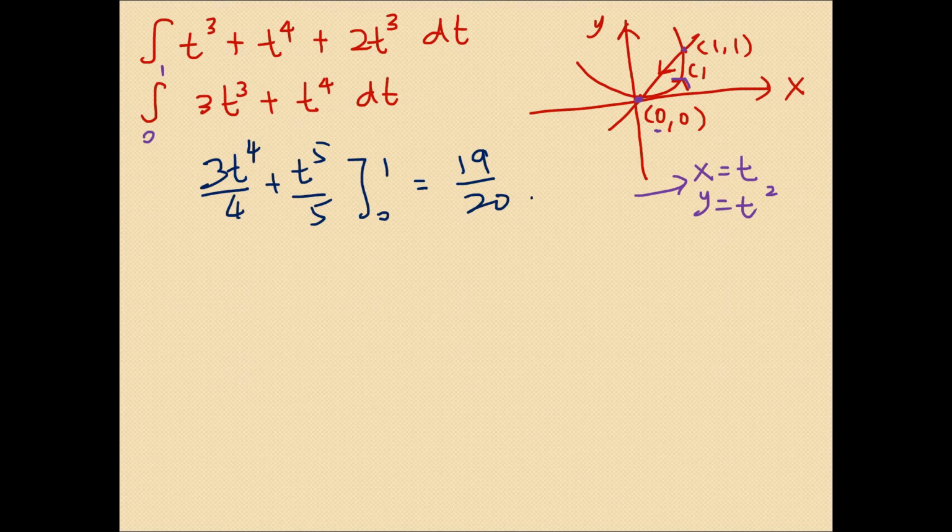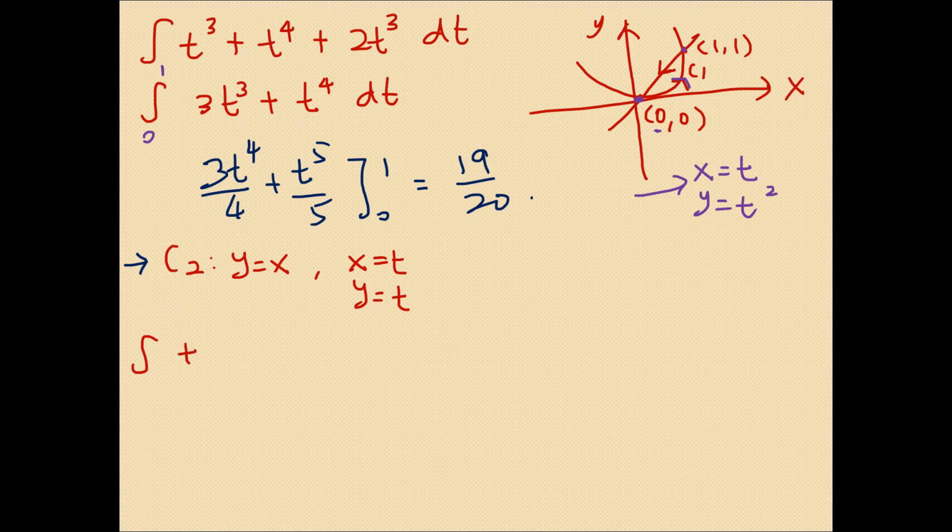So this is C1. Now proceed to C2. For C2, we have y equal to x. Parameterize it: x equal to t. So y will also be equal to t, because we take x equal to t. Now substitute into the p dx plus q dy.